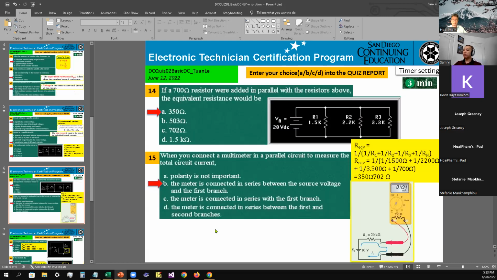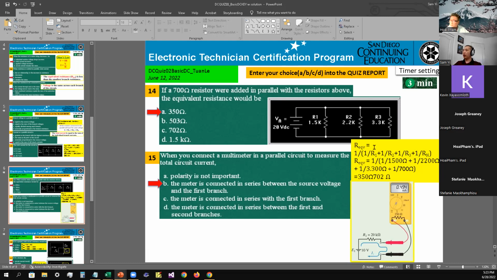Number 14, if a 700 ohm resistor were added in parallel with the resistors above, the equivalent resistance would be... You have R1, R2, R3, and then another resistance, R4, which represents 700 ohms.